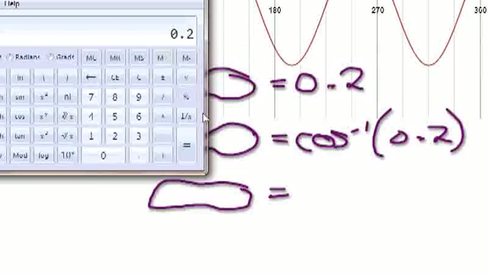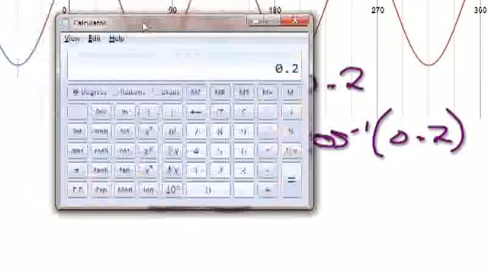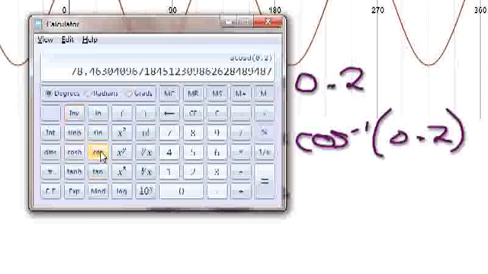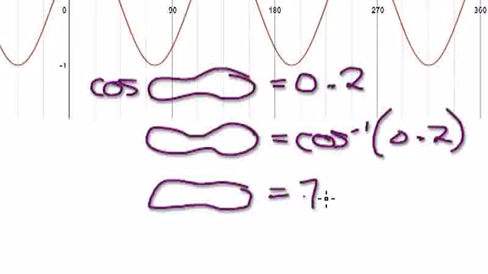0.2, and then inverse cosine. I'm going to round this off to 78. So 78 degrees here.